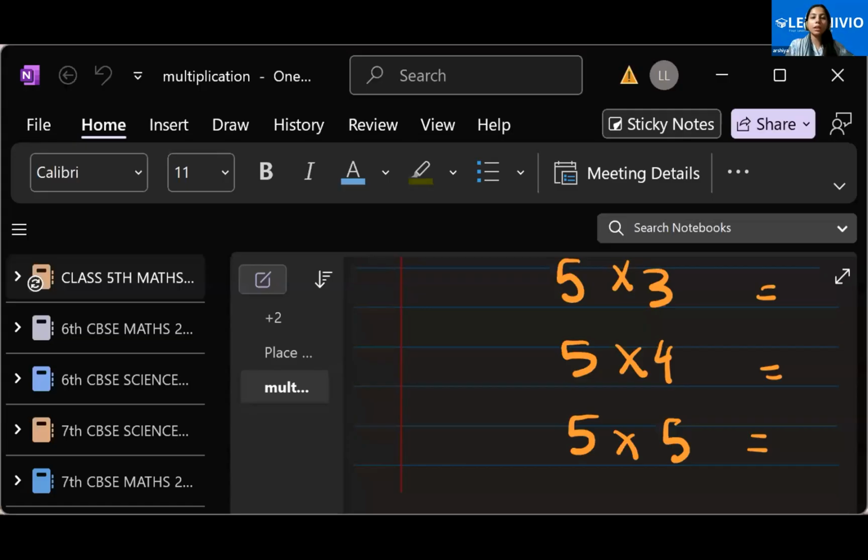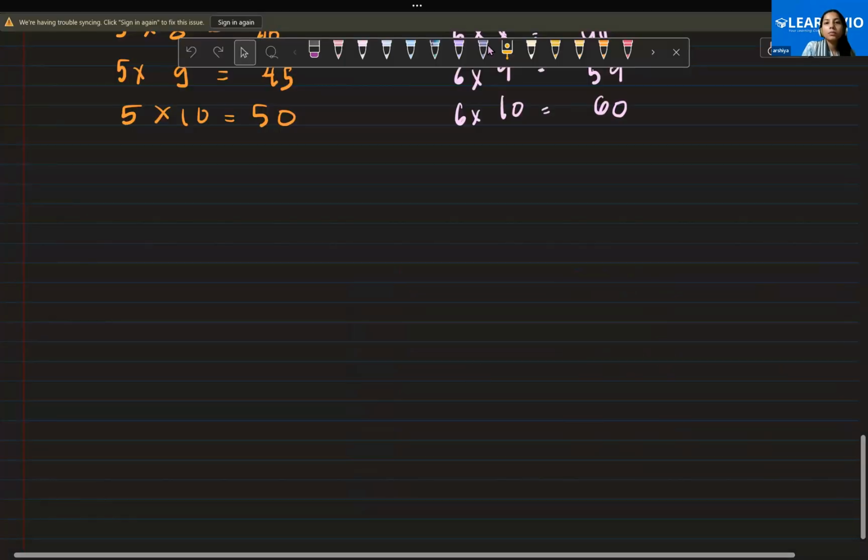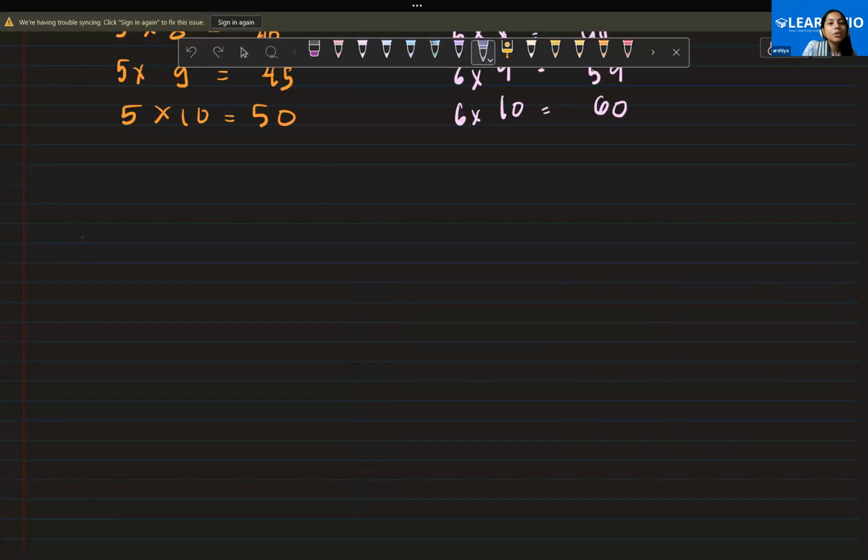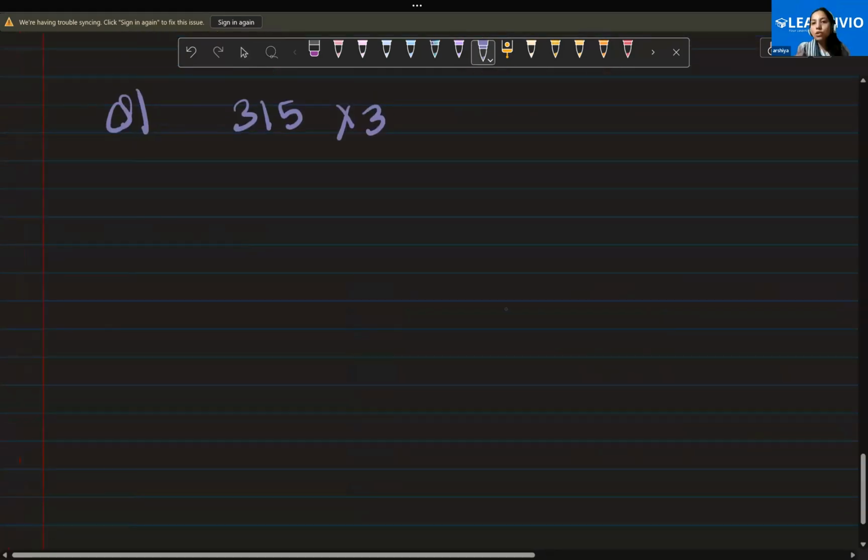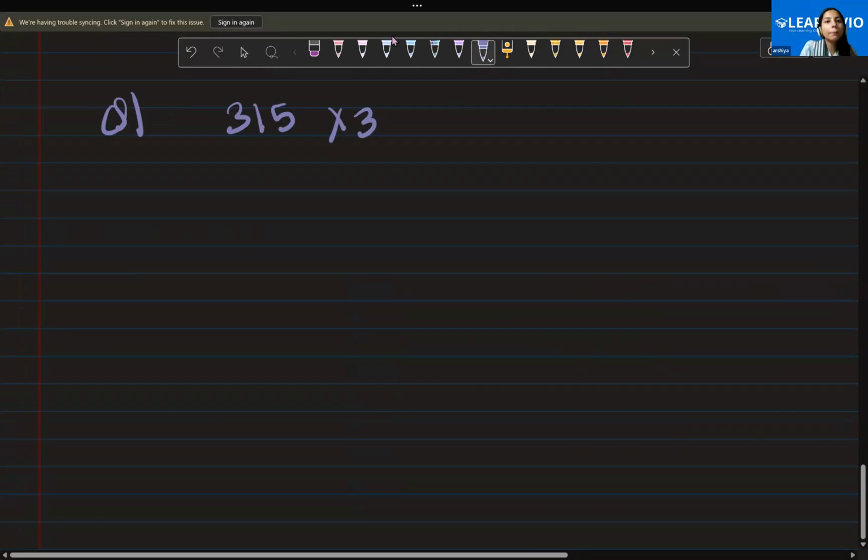The tables one. Can you see it? Yes. Okay, so our question was 315 multiplied by 3. They were doing it in a really long way, right? So let's first solve it in the normal column method.